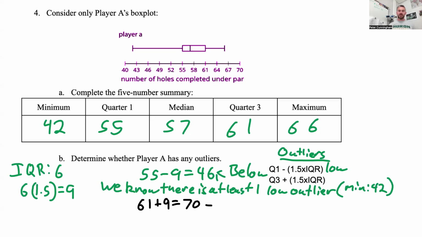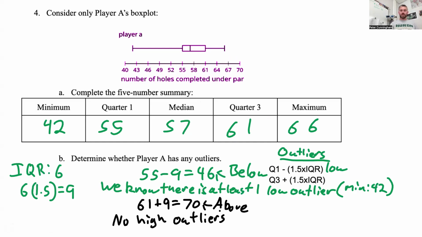So to be a high outlier, we need to be above 70. If our maximum is 66, that means nothing is above 70 on this score. Though you can see the number 70 on this chart, our box plot ends at 66. So there is at least one low outlier, but there will be no high outliers.